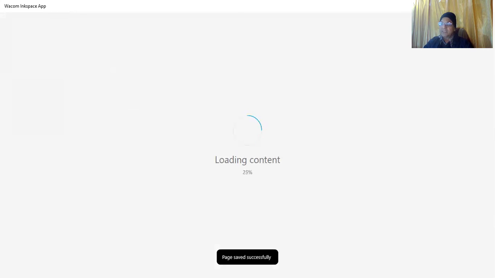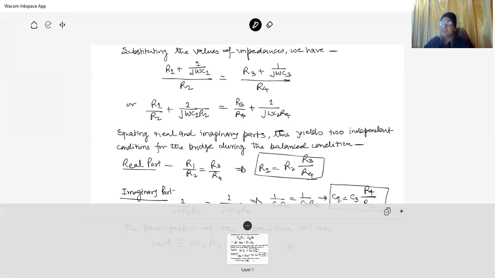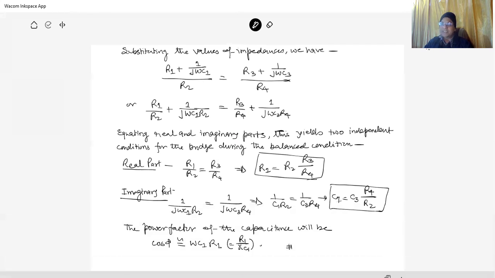Substituting the values of the various impedances in the balance condition, Z1 is R1 plus 1 upon j omega C1, here it is R2, and Z3 is nothing but R3 plus 1 upon j omega C3, and R4.